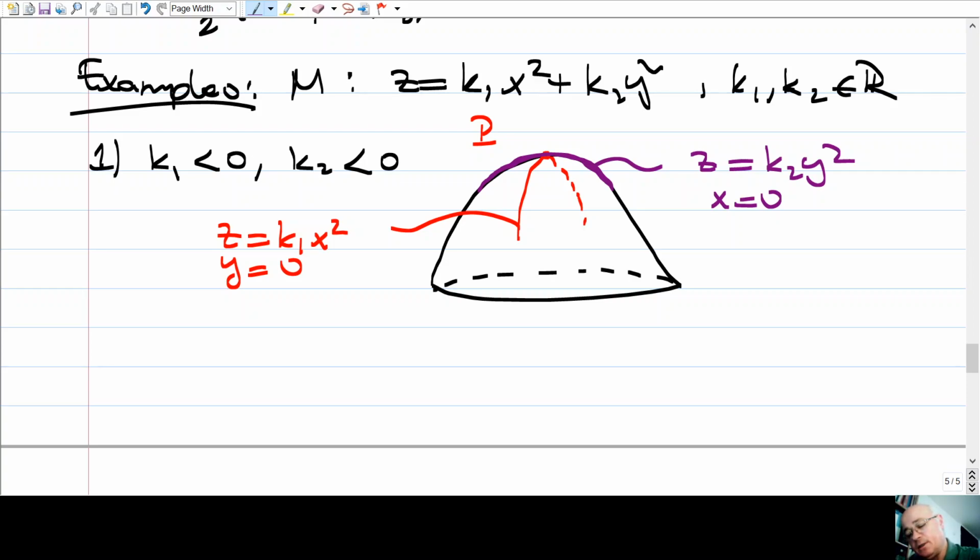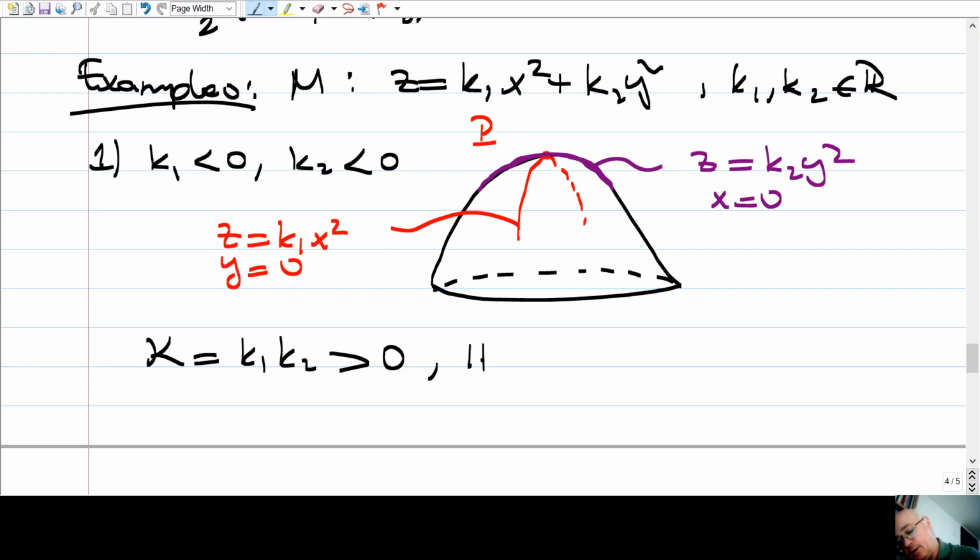We have done this computation before, and we had computed principal curvatures. In this case, what is the Gaussian curvature, which is just K1 times K2, and it is positive.